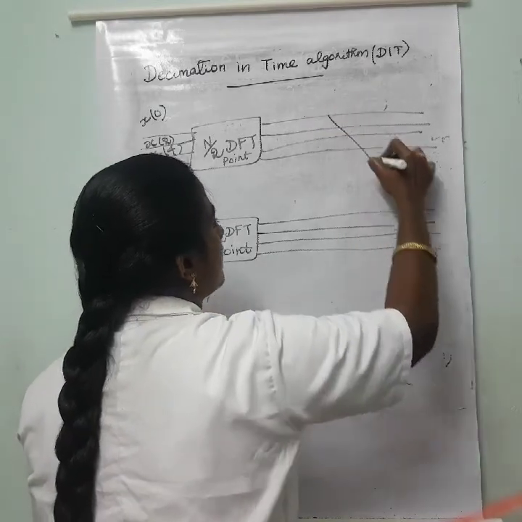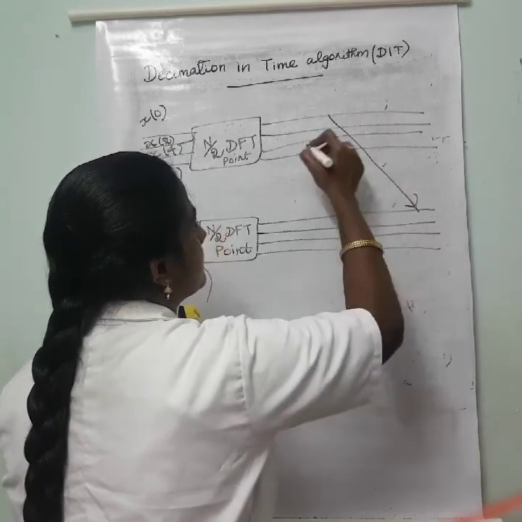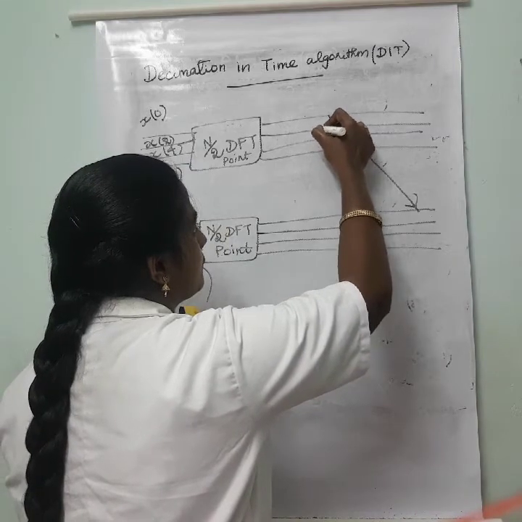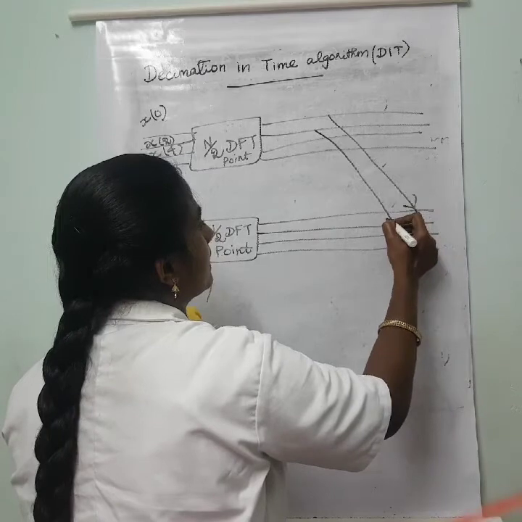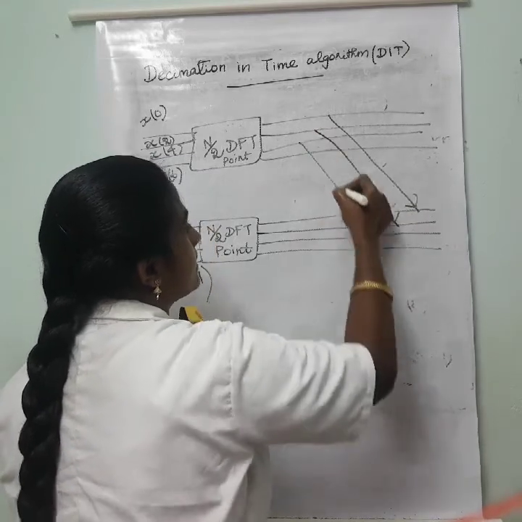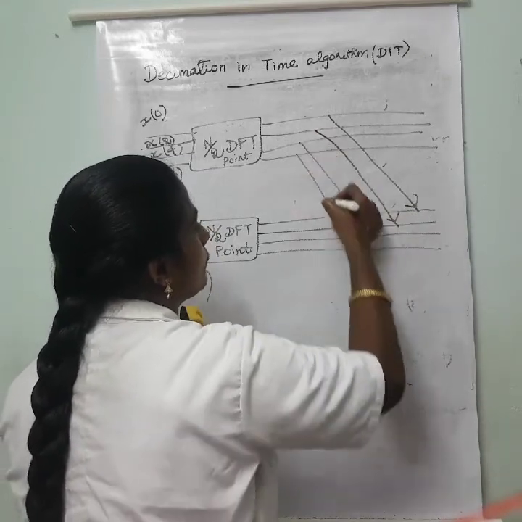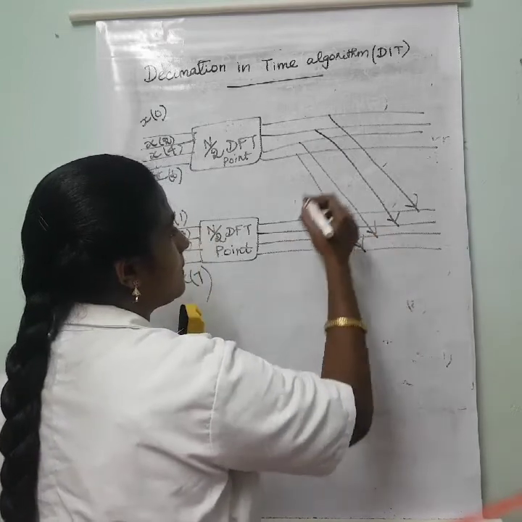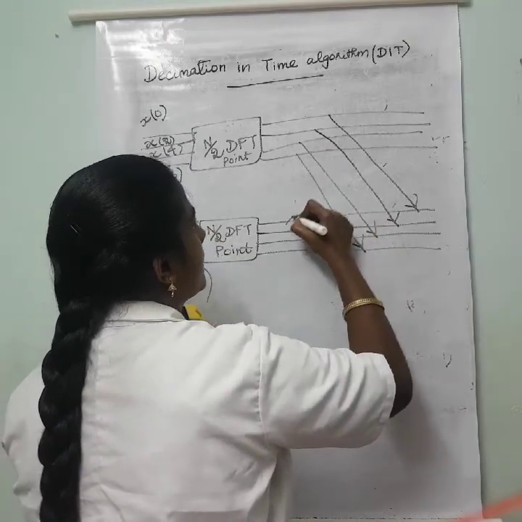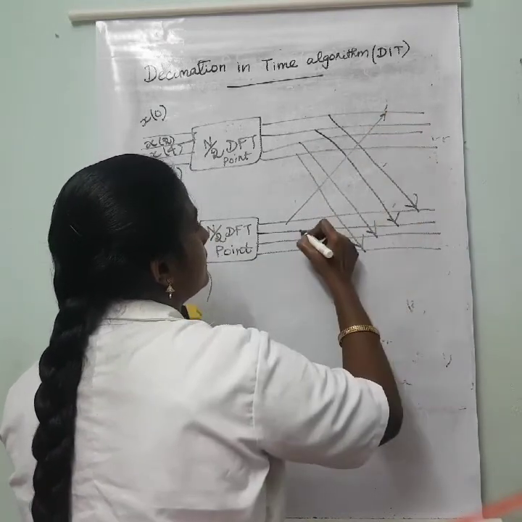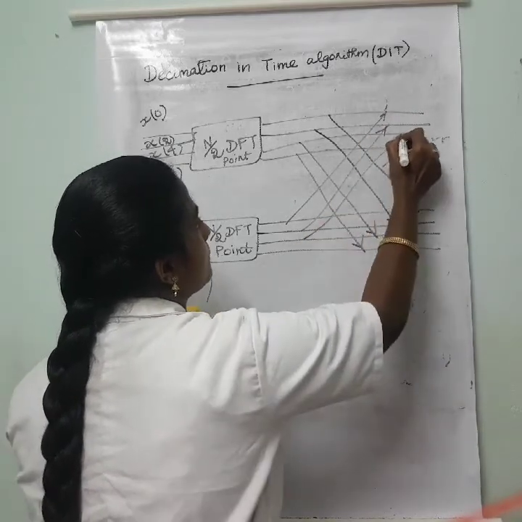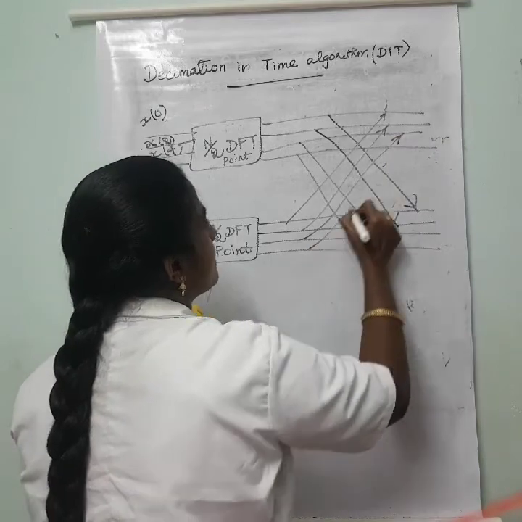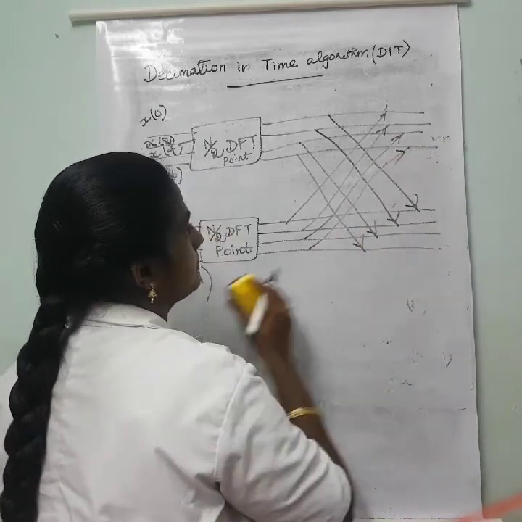So you will have like this. And the second line should start from the second line of the first part and end at the second line of the second part. Like this way you have to draw the 4 lines. Again, in the upward direction also you have to draw. This is the structure. It looks like the structure of a butterfly, so it is called a butterfly diagram.